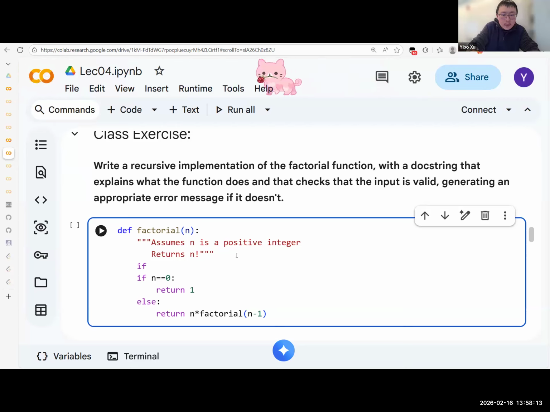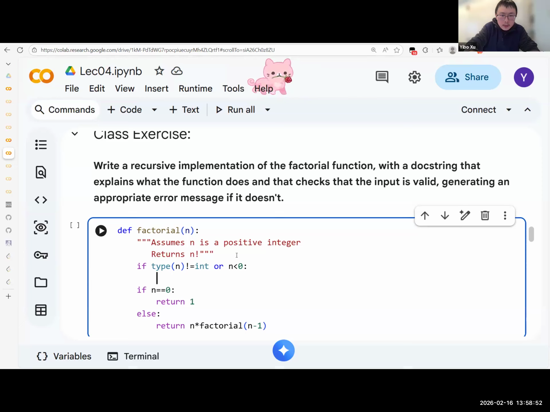And of course, if you want to make sure that the function is reasonable, you can also say if the input is, if type n is not an integer, then pop an error, or if n is less than 0, then also pop an error because the negative inputs are not legal, right?